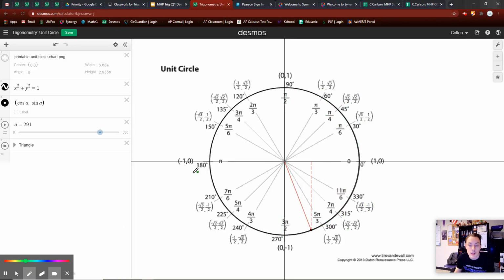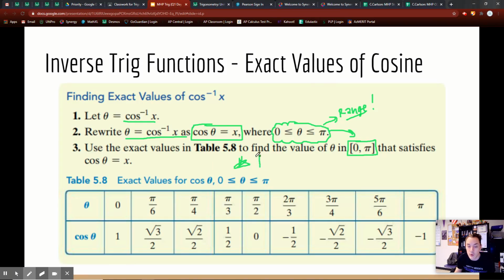No. 0 to pi is right here. 0 all the way to pi. So what is that? The top half. So that means right here, we're going to be using what we call the top half of the unit circle. Okay? So that's the most important part, the top half of the unit circle.